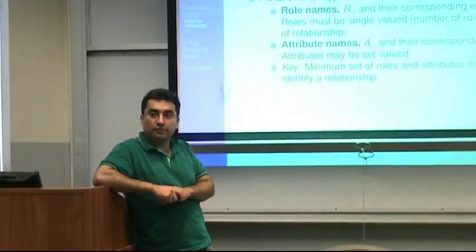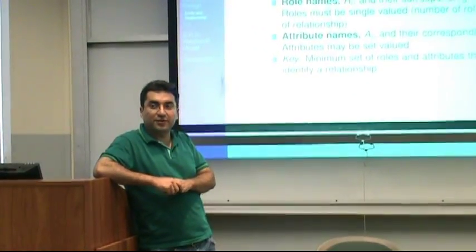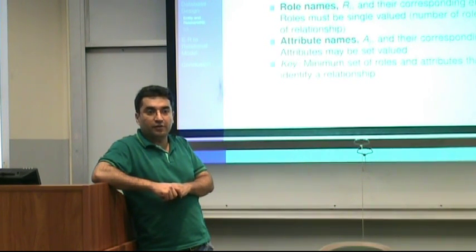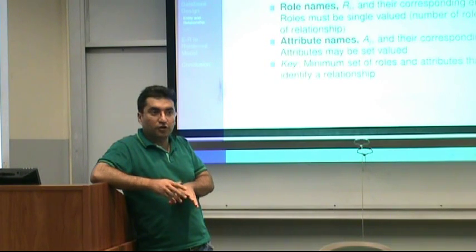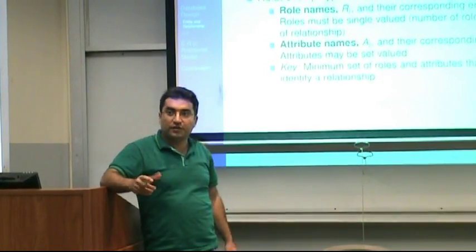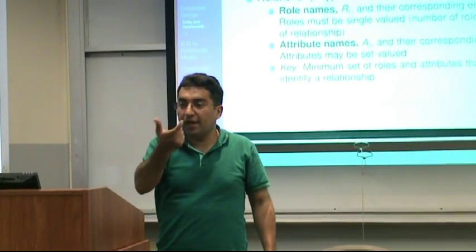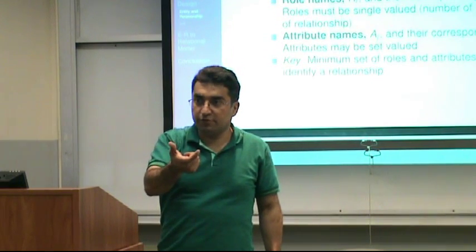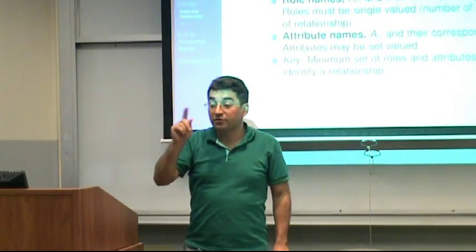Department ID. Department ID cannot uniquely identify the relationship. For example, you have Department of Computer Science, and faculty working from 2016. Yes, the set of faculty and department are the key. Okay?